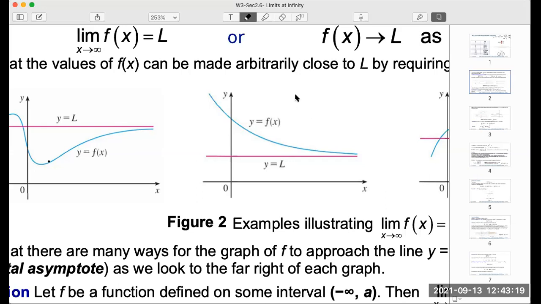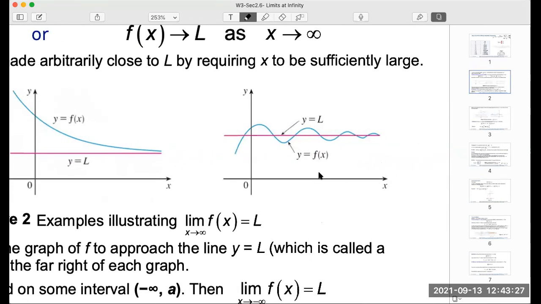Then the next graph, sometimes f of x is below this horizontal asymptote, sometimes above it, but as x approaches infinity, it comes closer and closer to L. This is another situation, okay?